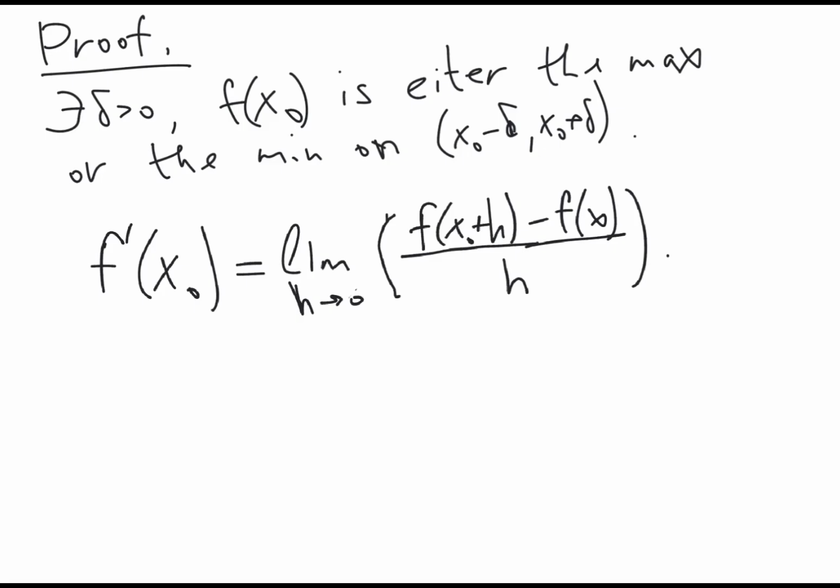And now, since it exists, since the function is differentiable, it is also equal to the right-hand derivative and the left-hand derivative. There is a definition of the left-hand derivative at x0, written as x0 minus. It's the same limit only when h tends to 0 from below, which we can write as minus 0.